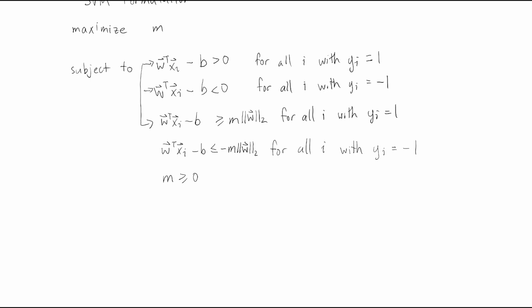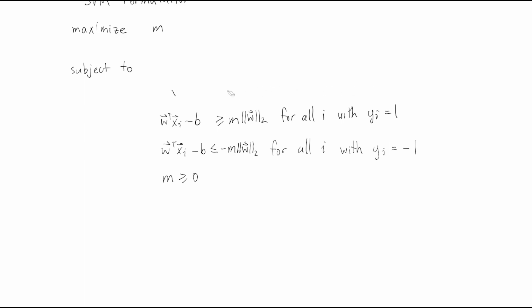And same argument for these two statements. So we don't really need both of them. We can remove the first two and then just keep the last two. So let's do that.